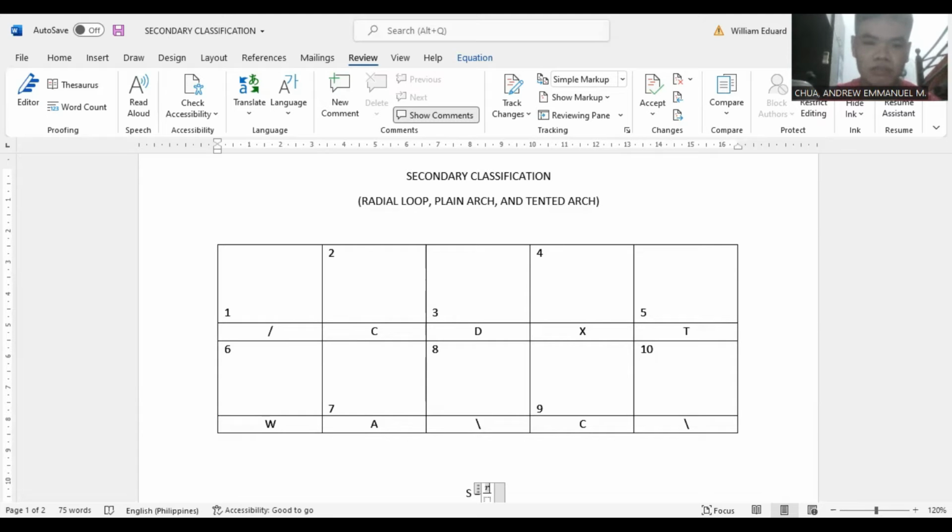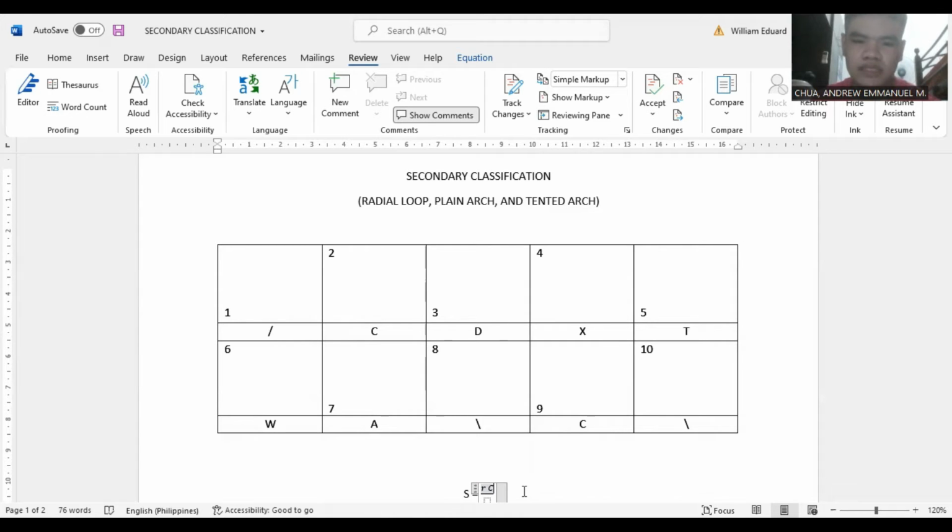Since it is not part of the radial loop, plain arc or tented arc, we will not put anything, or we put a dash. But the exception is it is the index finger. Therefore, we'll put the capital letter of the symbol of the central pocket loop. Therefore, we put capital letter C.